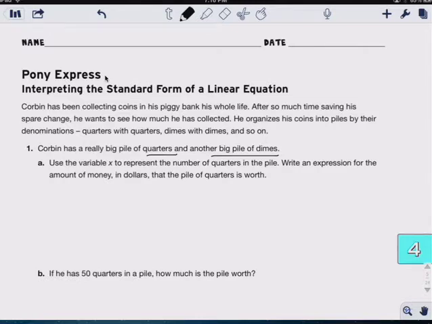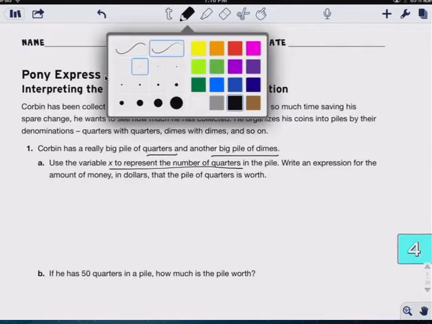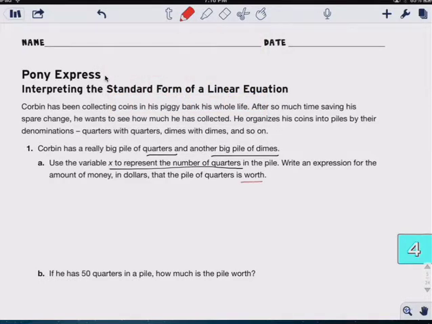Use the variable x to represent quarters in a pile. Write an expression for the amount of money in dollars that the pile of quarters is worth. Okay, so they want you to write an expression for what the pile of quarters is worth. They're saying let's use variable x to represent the number of quarters.